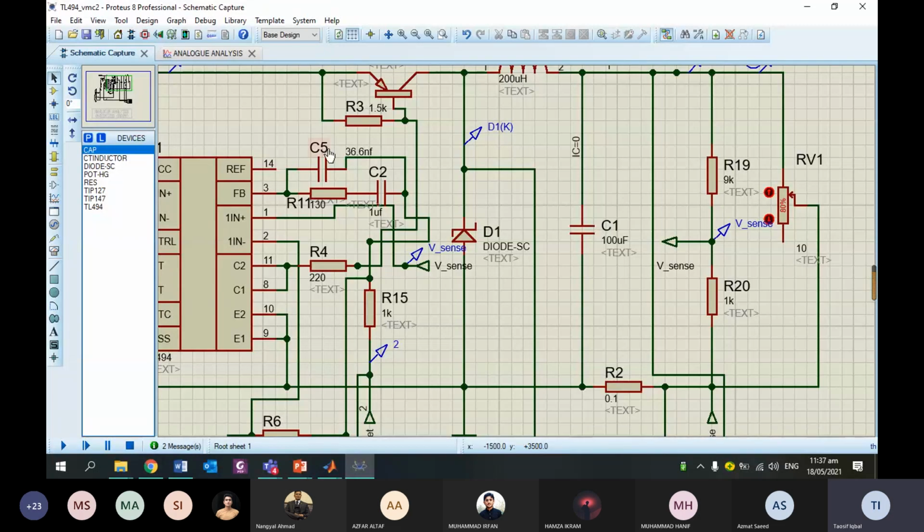So how are we going to feed back? To feed back, we will be using a high resistance ratio, because the output voltage is around 16 volts, and the TL494 IC that we are going to use has a voltage of around 5 volts.